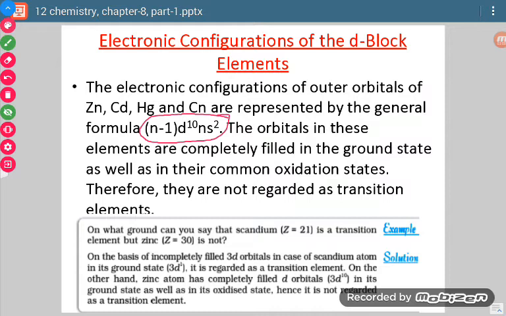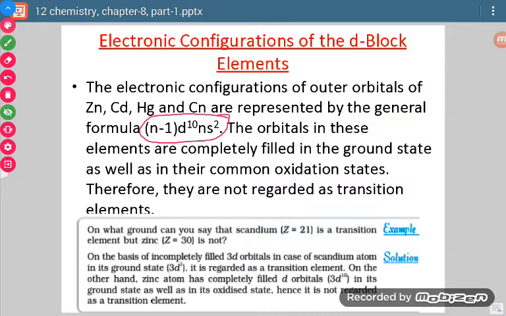One of the features of transition metals is that there must be the presence of unpaired electrons in the d orbital. If there is an unpaired electron in the d orbital, then we will say it is a transition metal or transition element.